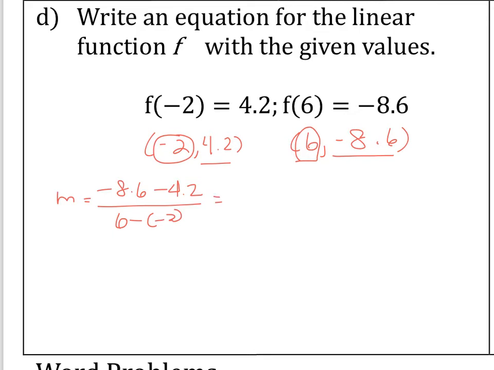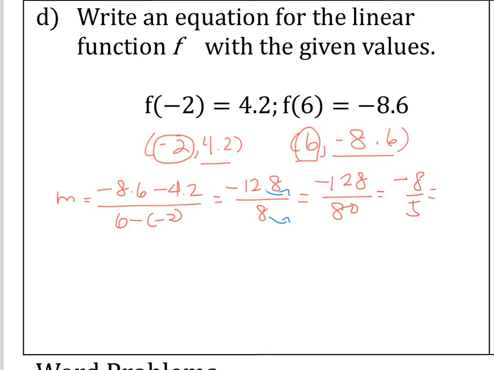And adding the numerator will give you negative 12.8 over 8. And I'm going to shift the decimal over one place. Negative 128 over 80. And this would give me negative 8 over 5.